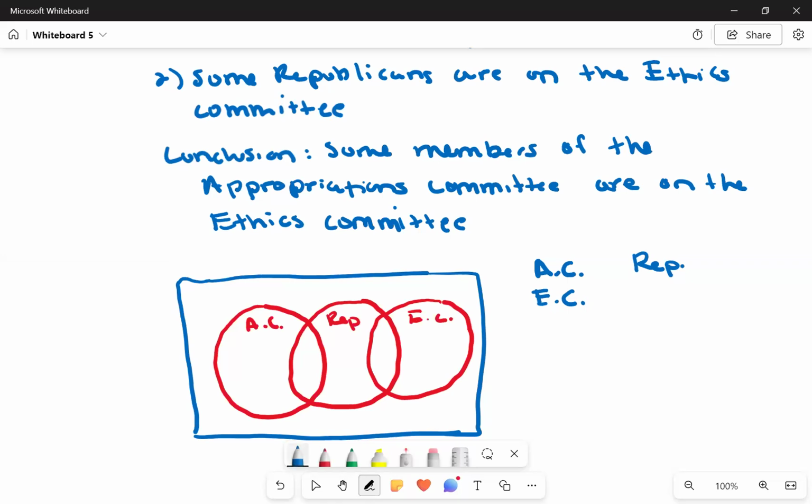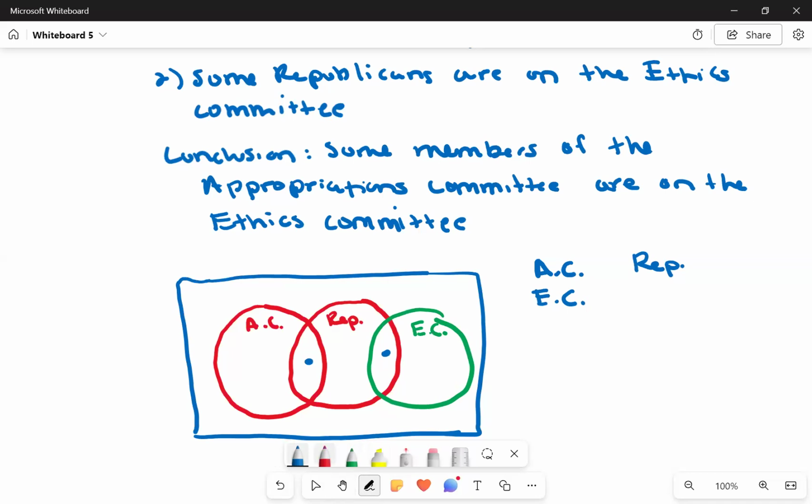And I haven't violated what I've been told. I was trying to do the second premise in green so I could see that. Republicans, and then here the Ethics Committee in green. Now we have people here, but not necessarily overlapping.